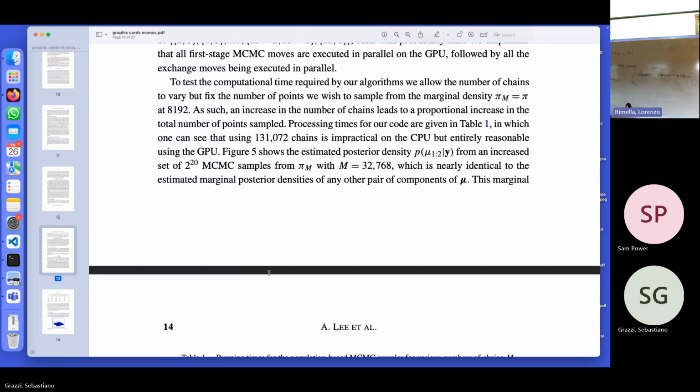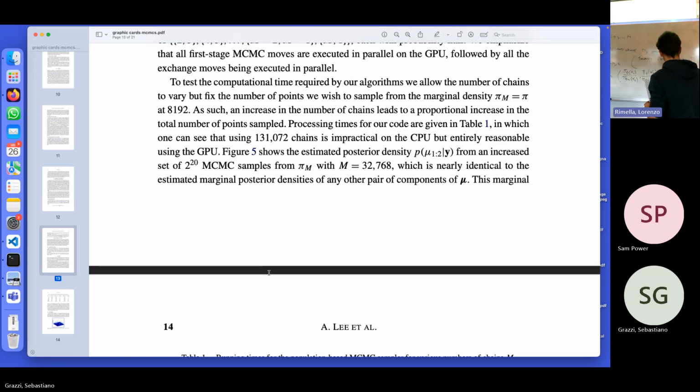We resample the index i according to weights, so from a multinomial distribution, which has weights pi_t(x_1)/pi_{t-1}(x_1), pi_t(x_2)/pi_{t-1}(x_2), and so on until pi_t(x_m)/pi_{t-1}(x_m).